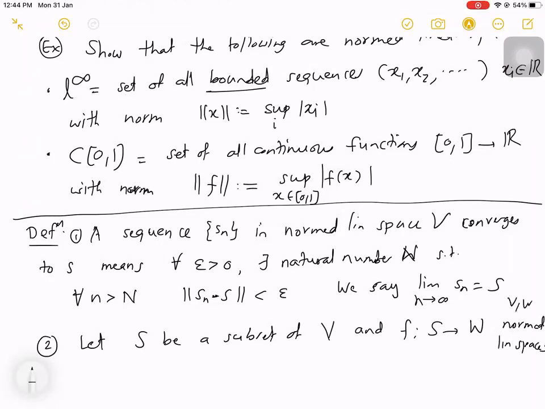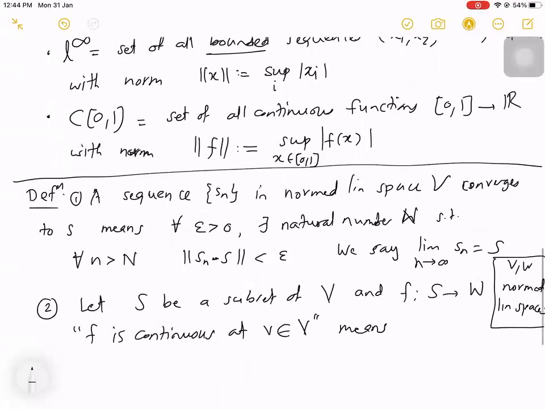So V, W non-linear spaces. If you want, you can just pretend that V and W are both real numbers. Then what does it mean for this function to be continuous at a point? So F is continuous at some point in the domain, so let us say at V in S.